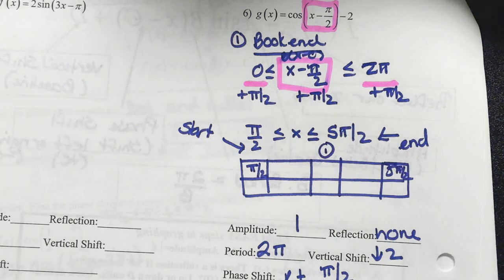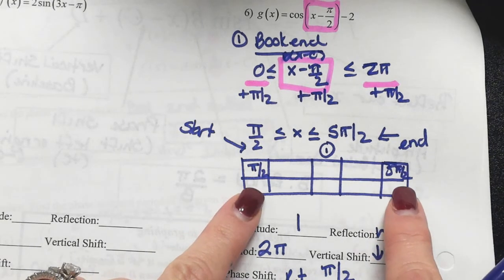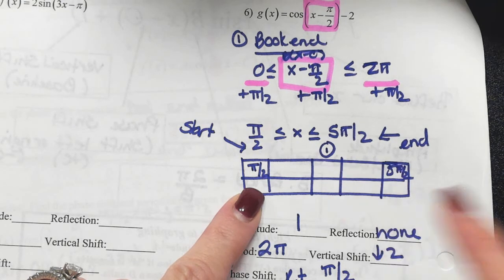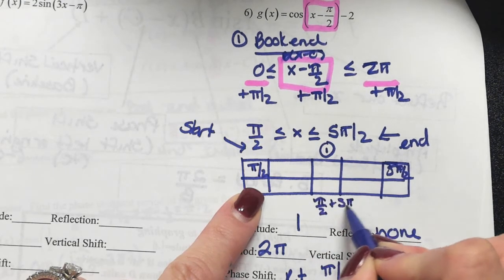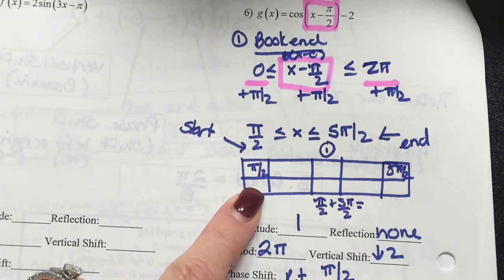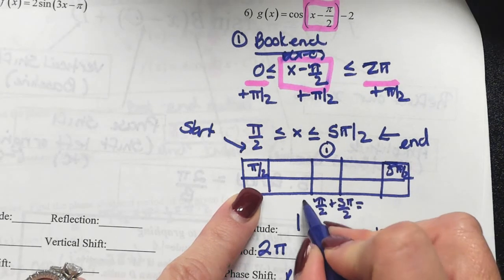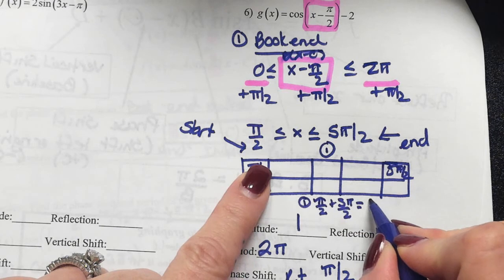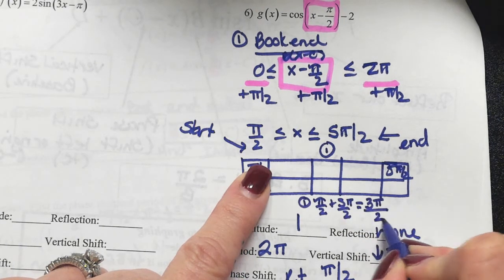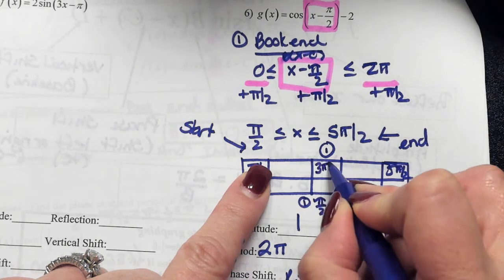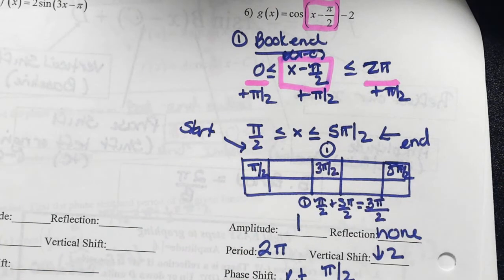Just like what you had to do last night for homework, to find the midpoint, what do I do with the beginning and the end? I'm going to add them together. So pi over 2 plus 5 pi over 2 is 6 pi over 2, which is just 3 pi, and then I'm going to divide by 2. So I know the midpoint is going to be 3 pi over 2.